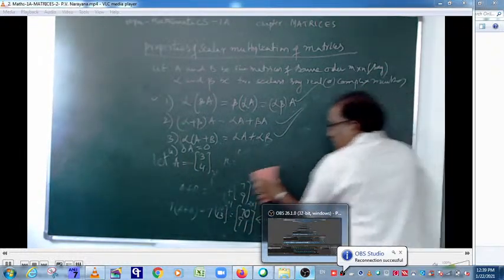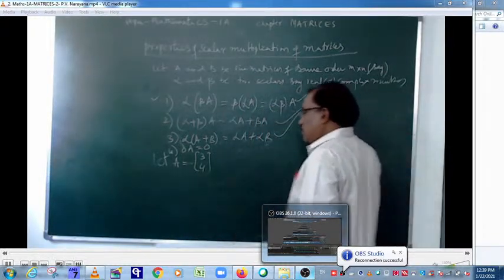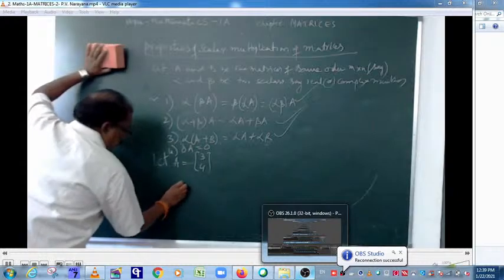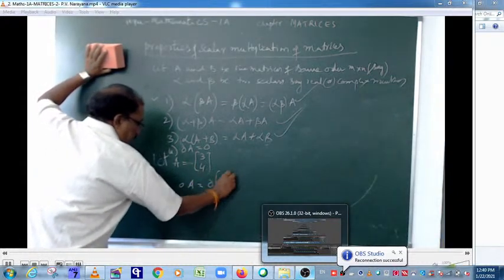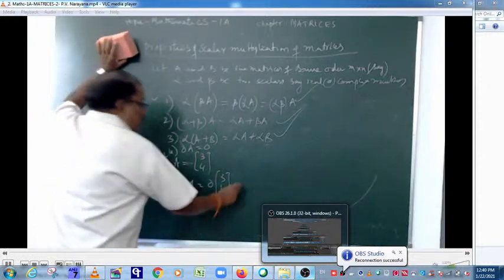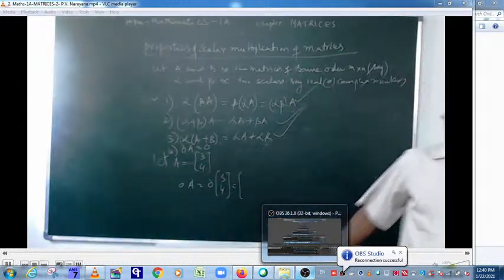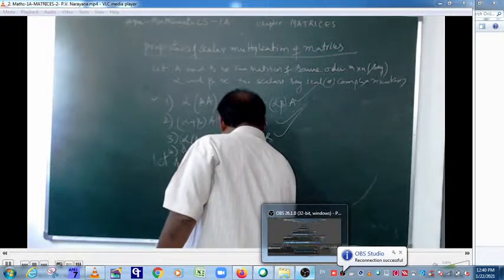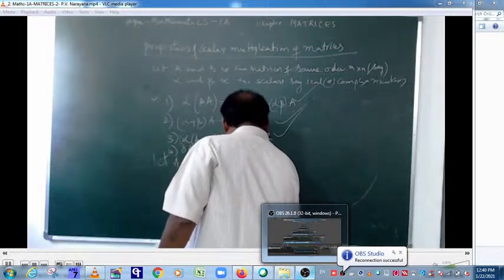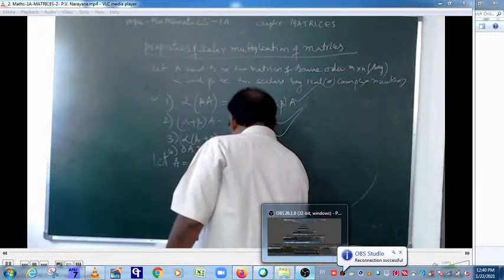Now, take this A. You obtain 0A is equal to 0 into A matrix 3, 4, that is equal to multiplying each element of A with 0: 0 into 3, 0 into 4, we get the null matrix of the same order.